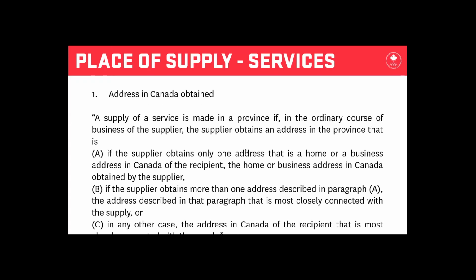Next slide, Dave. Okay, this is the wording for the address in Canada obtained. And essentially, what it boils down to is that if a supplier has an address for its customer, generally it will charge tax based on that address. And so just to separate this from the TPP or the hard goods, this is for services.